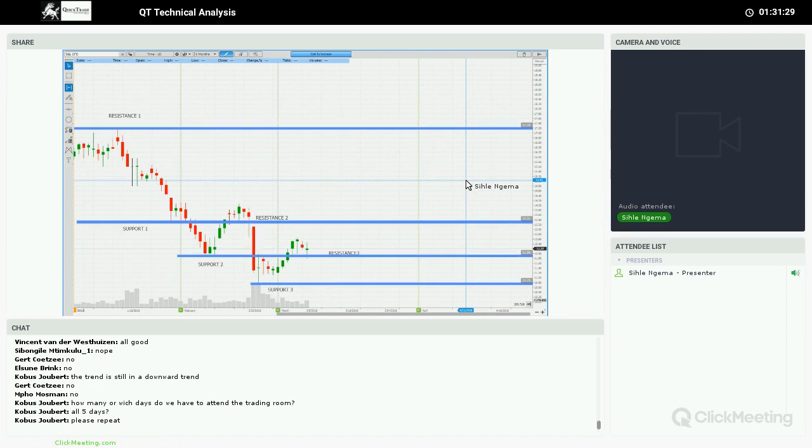On a Thursday, it's just indicators. On a Friday, we are wrapping up. You use whatever you have learned during the week to analyze a share and create a trade idea for yourself, and then you will be done on a Friday.